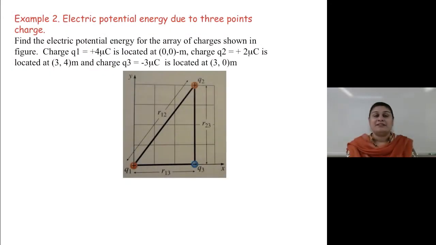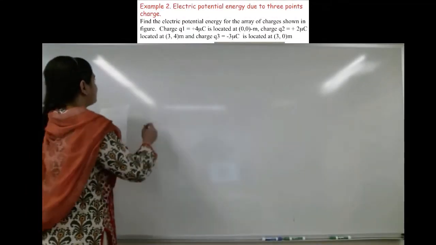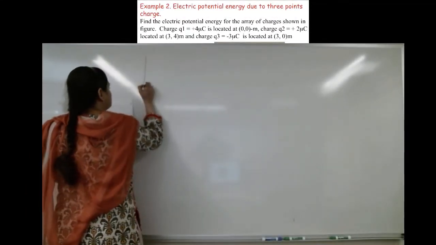Example 2. Electrical potential energy due to 3 point charges. Find the electrical potential energy for an array of charges as shown in the figure. Charge Q1 is located at 0, 0, Q2 at 3, 4, and Q3 at 3, 0 meters. So, in this kind of system, we will have 3 charges.